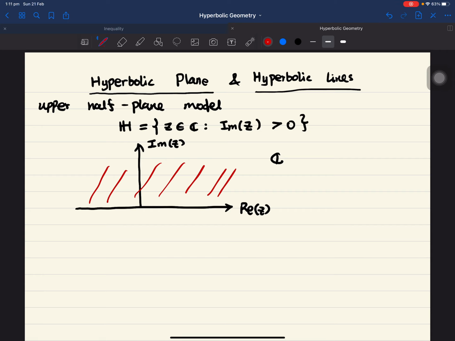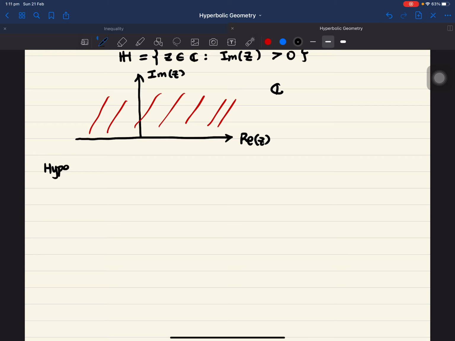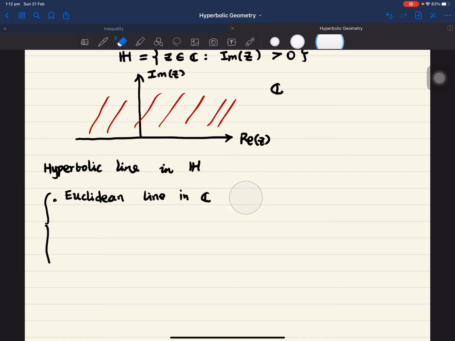And the hyperbolic line is defined as follows. A hyperbolic line in H is, in one way, the Euclidean line in the complex plane that is perpendicular to the real axis in C.